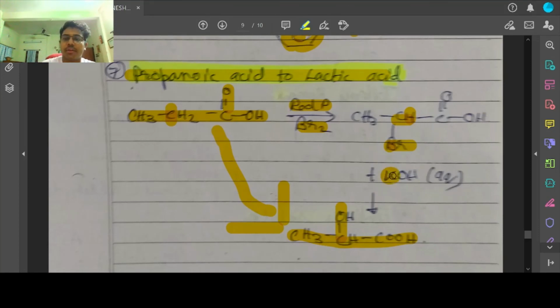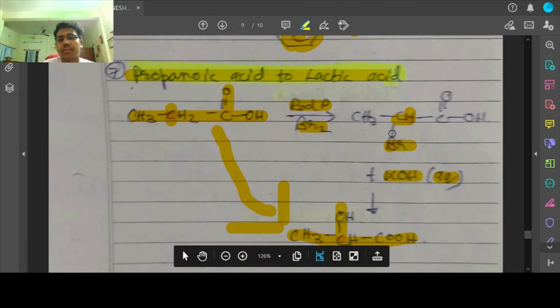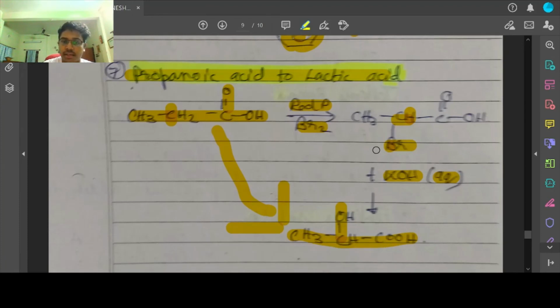This is then reacted with aqueous KOH. In the case of aqueous KOH, the bromine atom is released and the OH ion reacts with the CH group. The carbon-bromine bond breaks, bromine acquires a negative charge and the carbon has a positive charge.